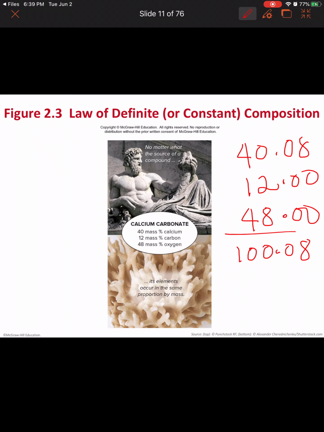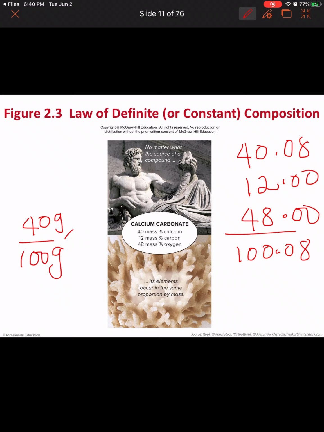And if you want to find out the percentage of these, if you take 40, the 40 grams of calcium would be in 100 grams of calcium carbonate. Okay, so 40 grams of calcium is in 100 grams of calcium carbonate.